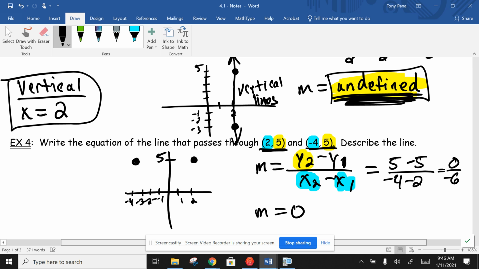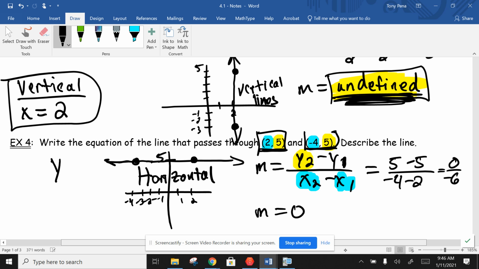If I plot that point, notice how we now get a horizontal line. Notice what is the same: if I look at this point and this point, the y coordinates are the same. So the equation of this line is y equals 5, and that's how we write the equation of horizontal lines.